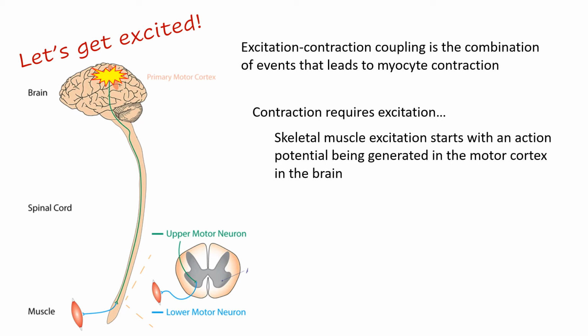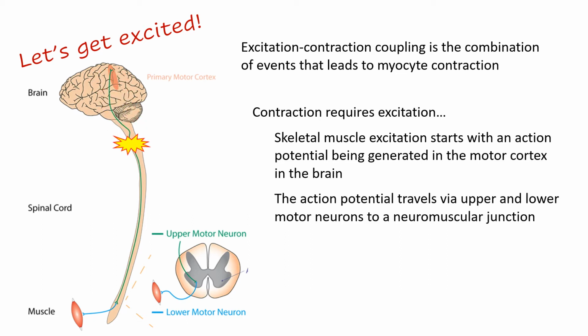But initially, we have to generate the action potential, and that happens within the primary motor cortex. The action potential then travels all the way down the spine via an upper motor neuron and then travels out from the ventral horn of the spinal cord to a neuromuscular junction via the lower motor neuron. This is where the term upper and lower motor neuron comes from.